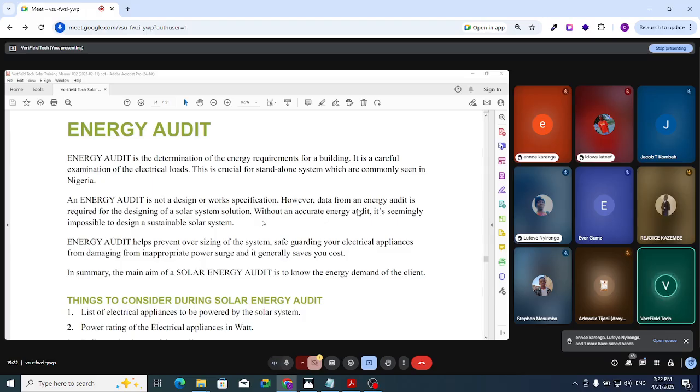Energy audit, as you can see on my screen, is the determination of the energy requirement for a building. It is a careful examination of the electrical loads. It is crucial for standalone systems, which are commonly seen here in my country, Nigeria.